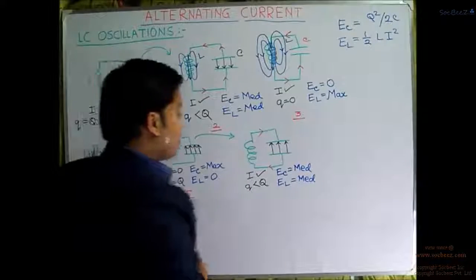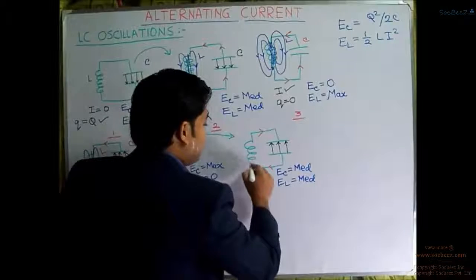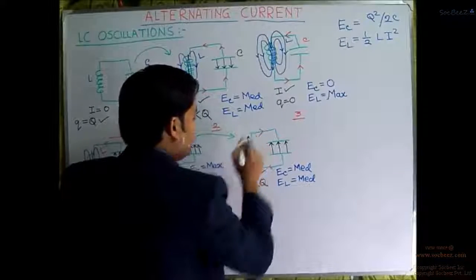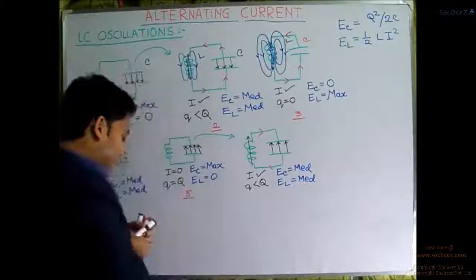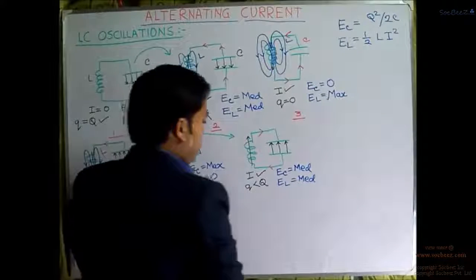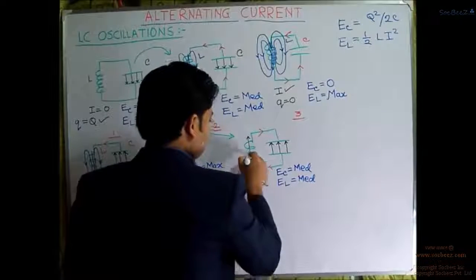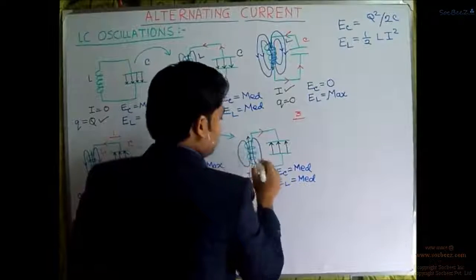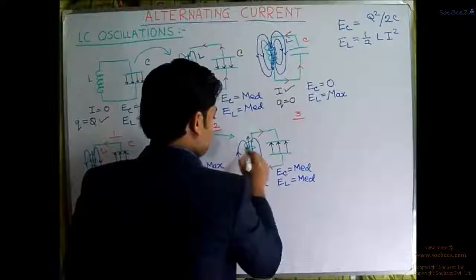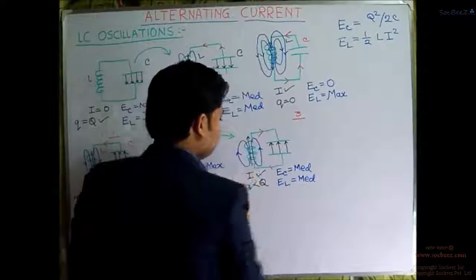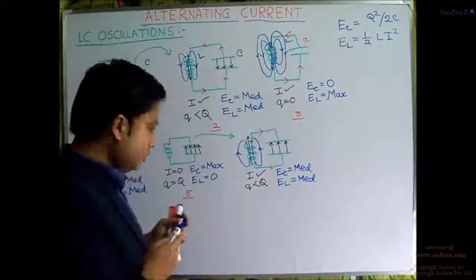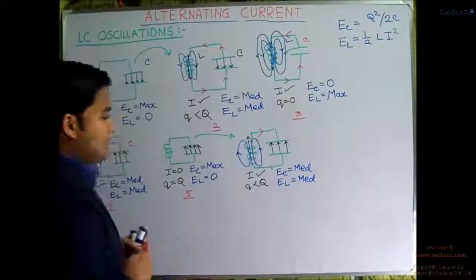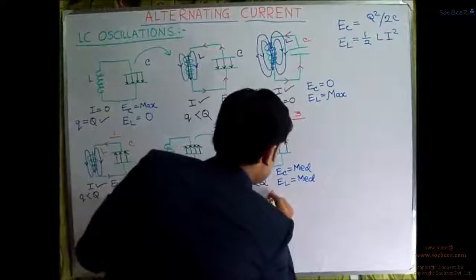And if it is in the clockwise direction, again due to self-inductance, things will happen, but in the opposite direction. Right? So we can say this is the sixth scenario.